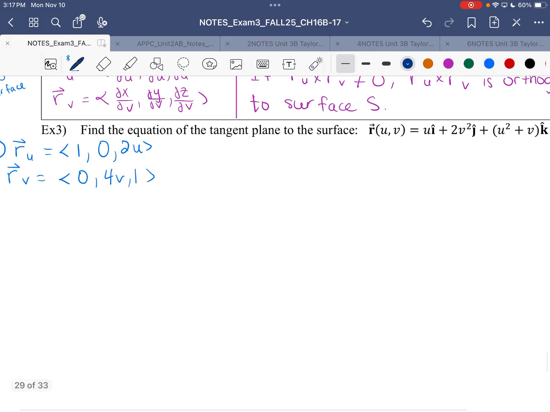And then our second thing that we're going to do is the cross product. Get that normal vector. Again, we're trying to write a tangent plane, so we need the normal vector.